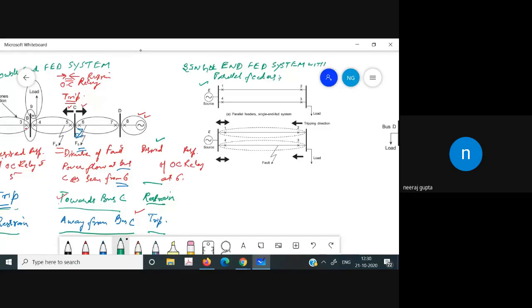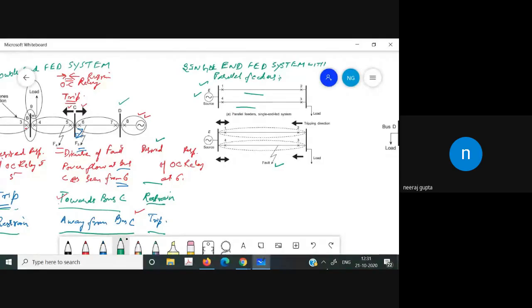Previously, it was the double end fed system. Now what happens in that very case? Let us suppose that we have two lines in that single end fed system, and we have the parallel feeders in that.